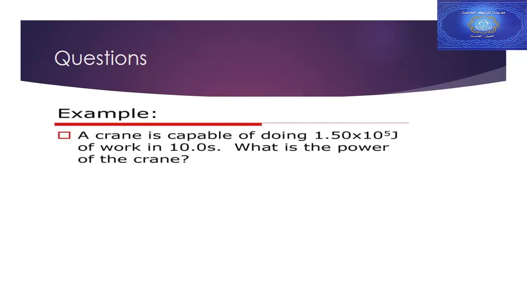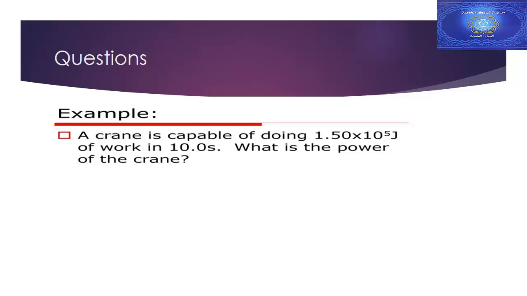Now we are going to solve some questions related to power. First question. A crane is capable of doing 1.50 times 10 power 5 joules of work in 10 seconds. What is the power of the crane?